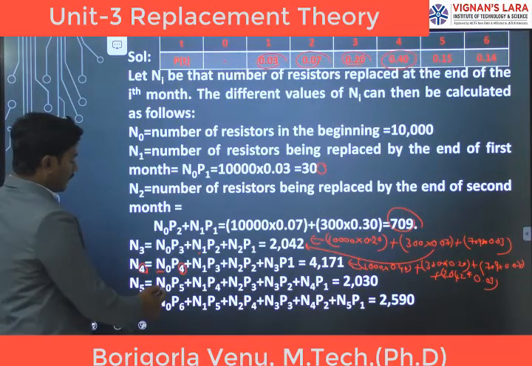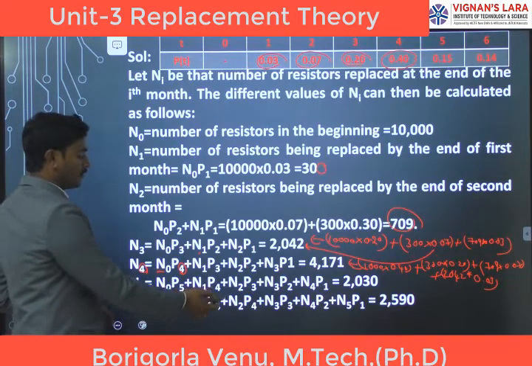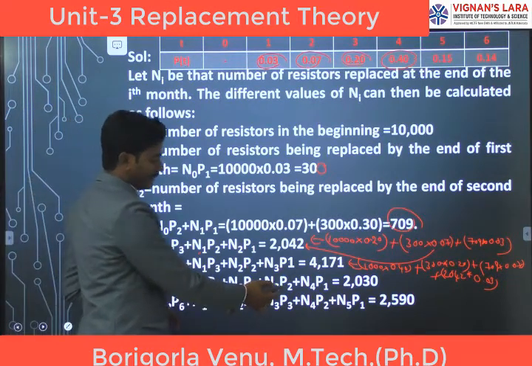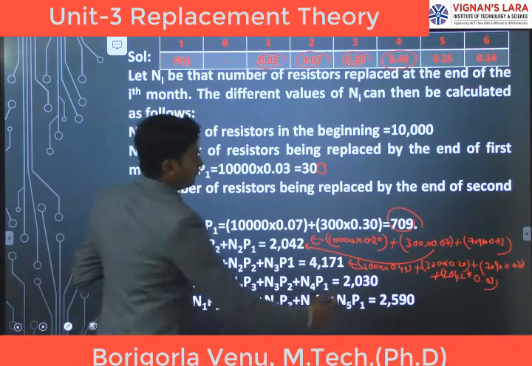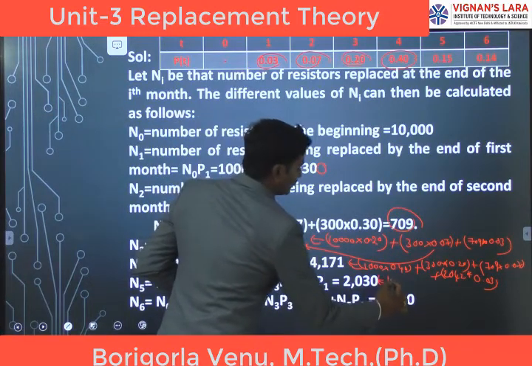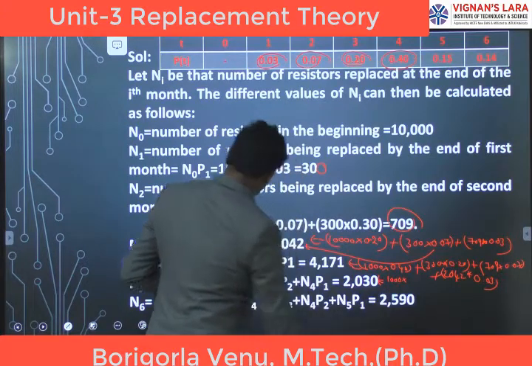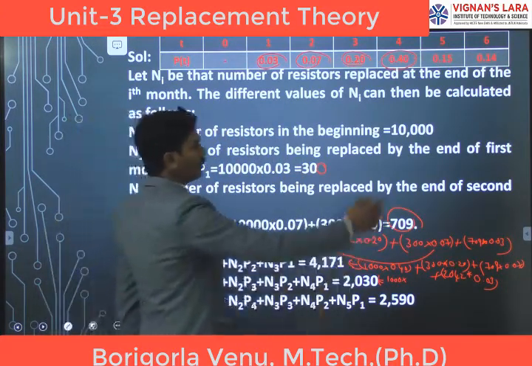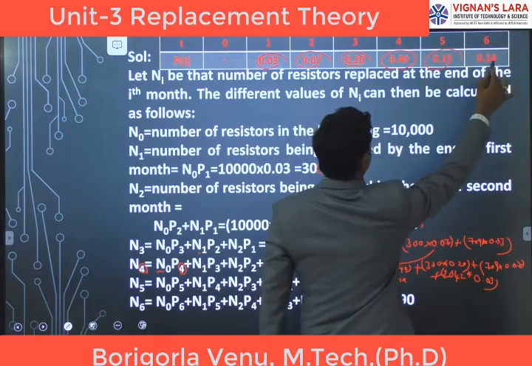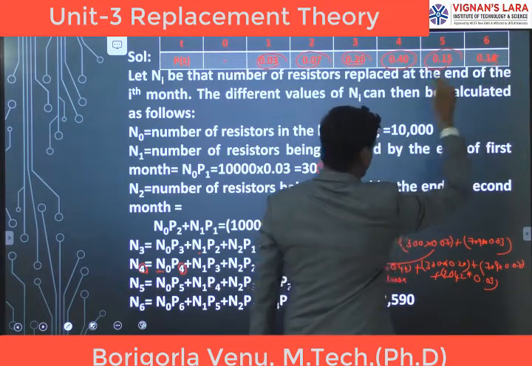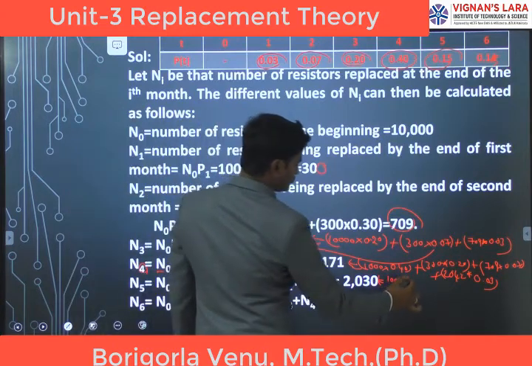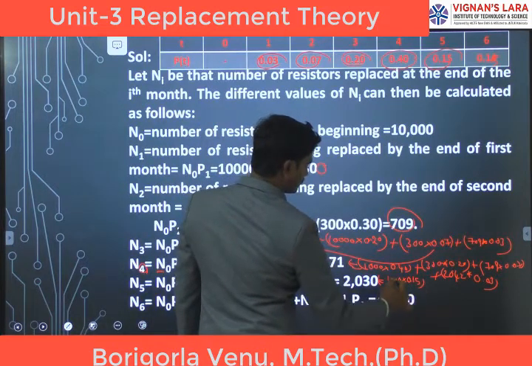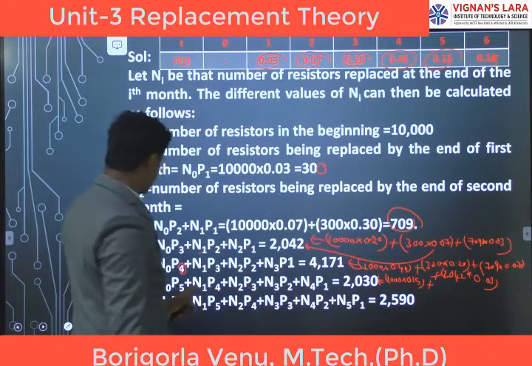Similarly, we are going to find N5. N5 also is N0 P5, N1 P4, N2 P3, N3 P2, N4 P1. Here, what is the N0 value? N0 is 10,000 into P5. The probability factor is 0.15, plus N1 P4.